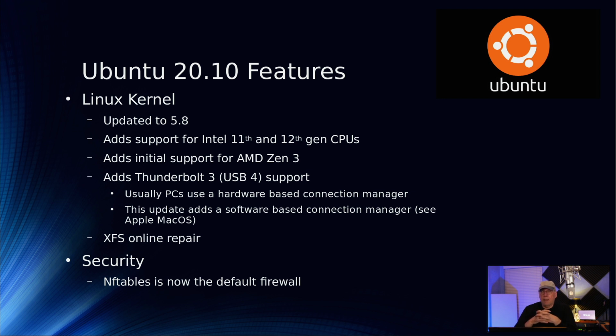The biggest feature is that the kernel updates to 5.8, and it was 5.4 in 20.04 as of the time that I'm doing this video. And 5.8 has support for the newer Intel and AMD CPUs, like the 11th and 12th gen CPUs. That would be Ice Lake and Tiger Lake.